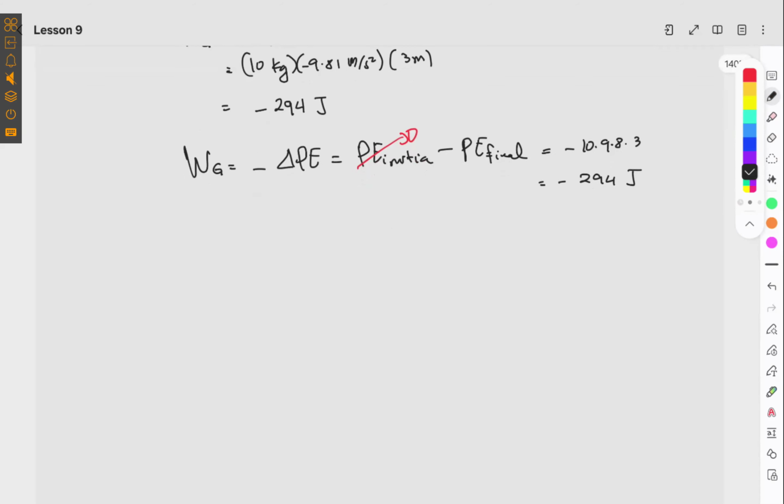Since the speed is constant, the initial and final kinetic energies are equal.